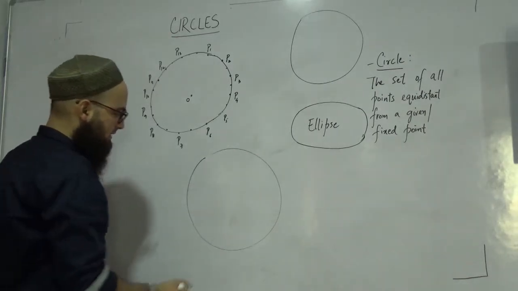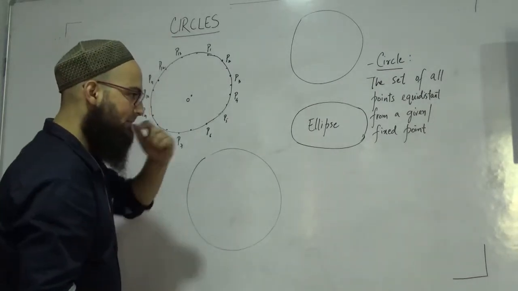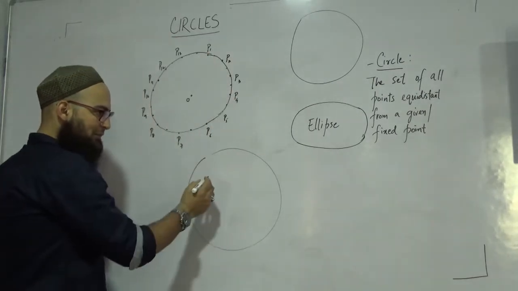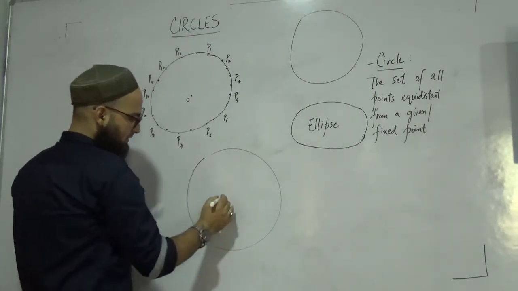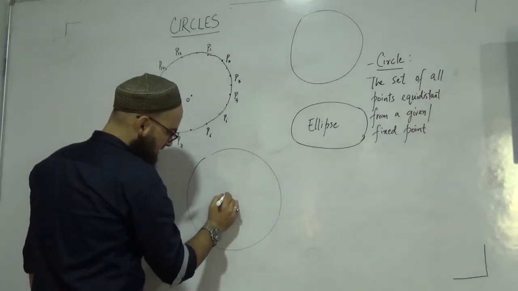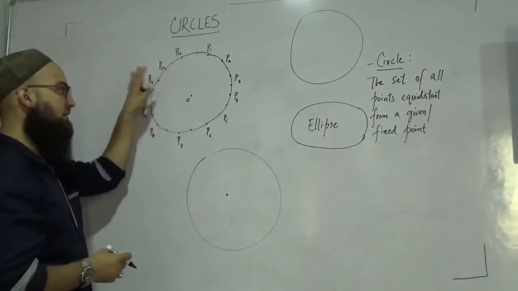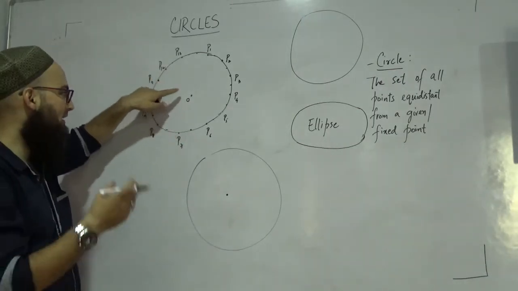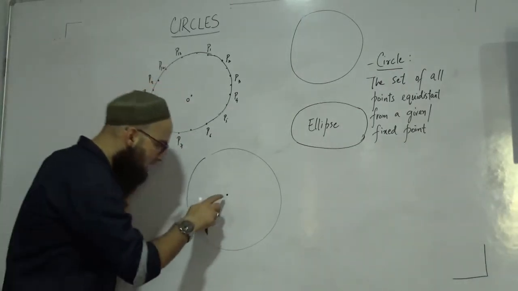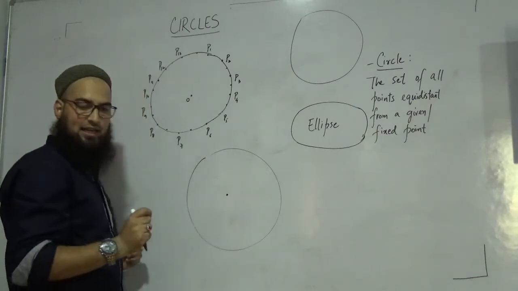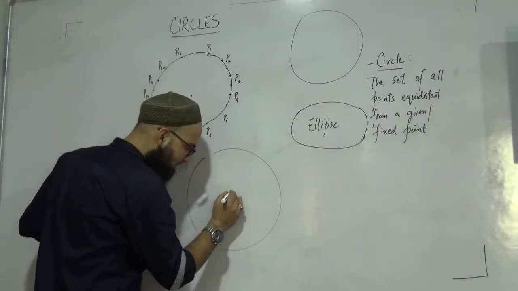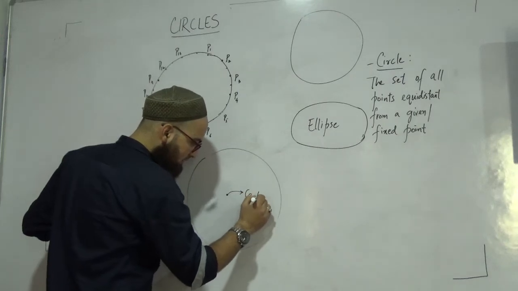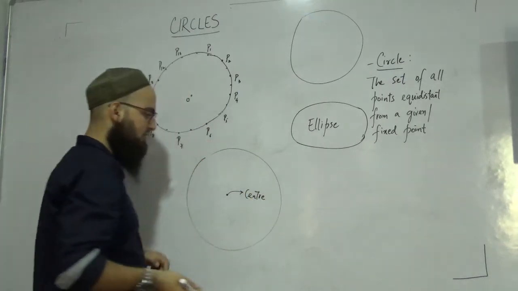After that, what we see is the fixed point, which we learnt in the definition, the fixed point or the given point. This fixed point technically in mathematics is called the center of the circle. This is called the center of the circle.